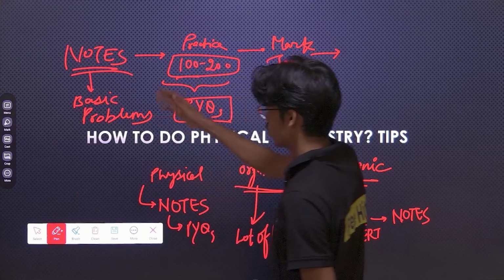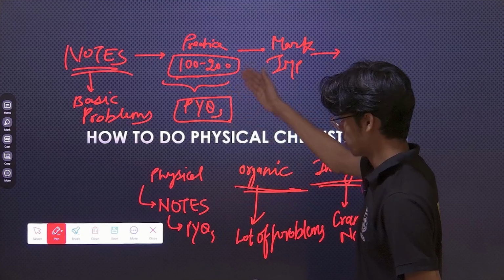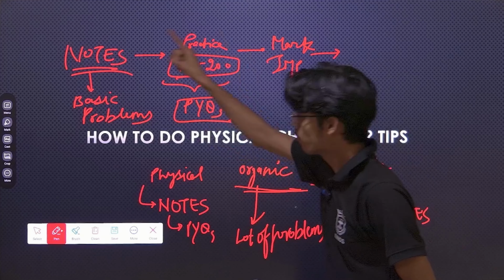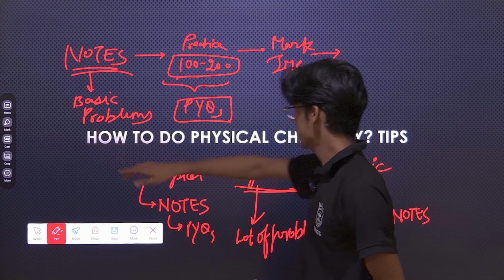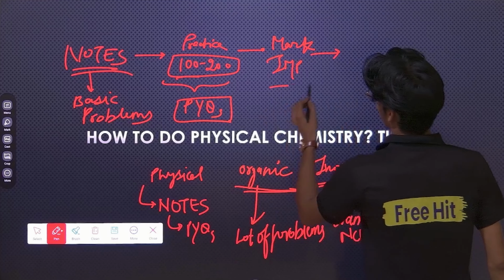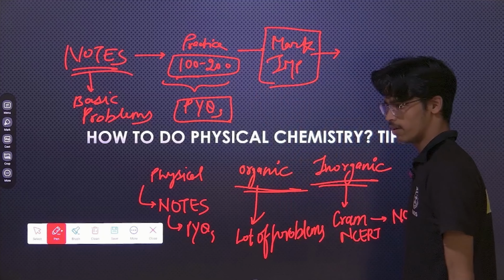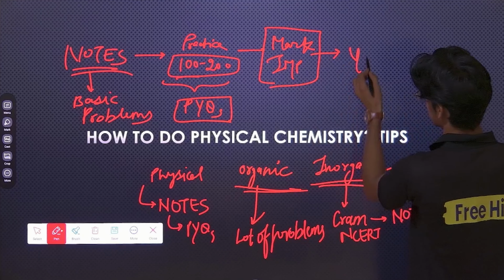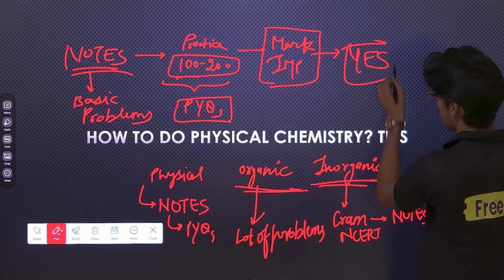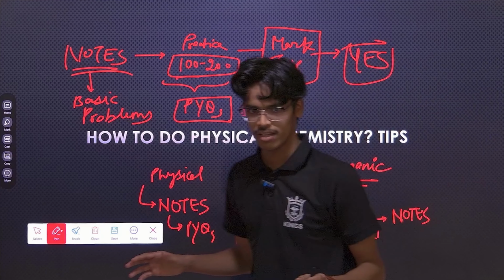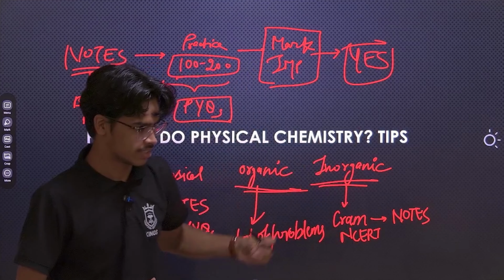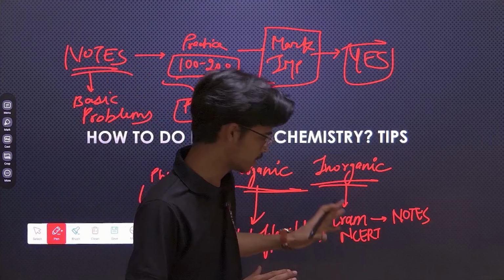Once you go through the basic problems, you practice 100 to 200 questions, which can be PYQs. After that, you mark the important problems, and then you are done. There is nothing else in doing the physical chemistry subject.